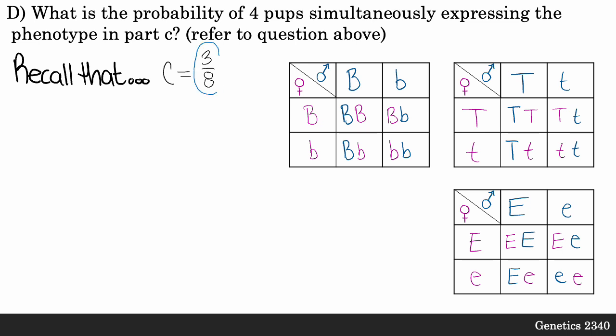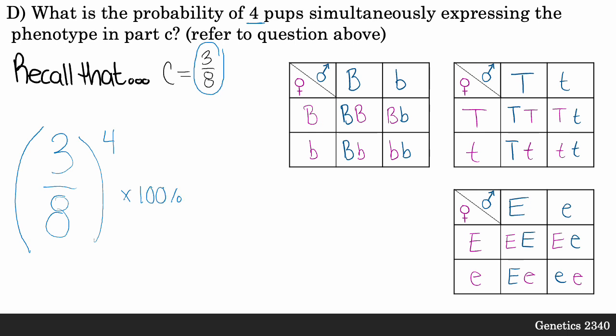Recall that in Part C we found that the probability of a single individual to produce this phenotype would be 3 over 8 probability, and therefore to find 4 pups at the same time, we're going to take that value, which is 3 over 8, and we're going to put it to the power of 4, which is the number of individuals that we want to know have it at the same time, multiplied by 100% to get a percentage, which will give us 1.98% as the likelihood of that occurring all at once.